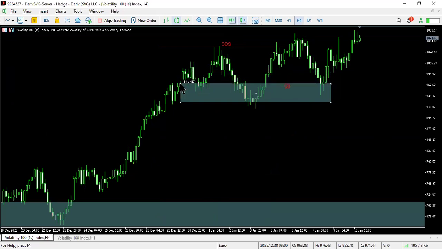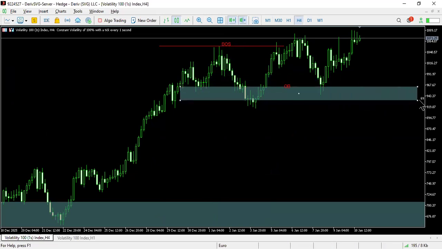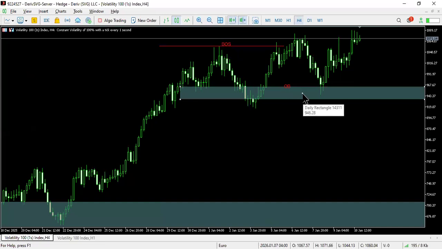And then we can see price is reacting at this order block. Price just reacted from this order block and it's pushing up from here. That was the break of structure.